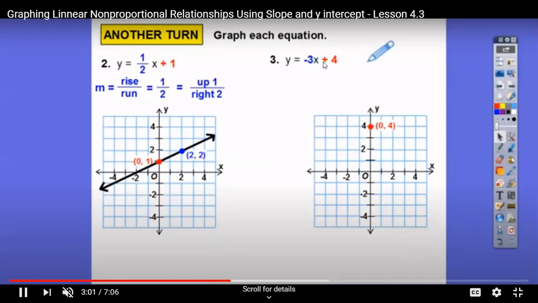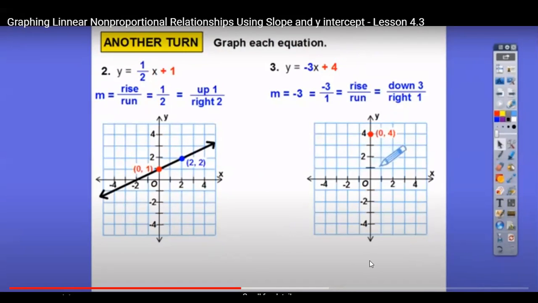Another example, (0, 4). So we will start on (0, 4). And then negative 3 means 3 down and then 1 to the right. What if you want to break the rule? It will be 3 up and then 1 to the left.